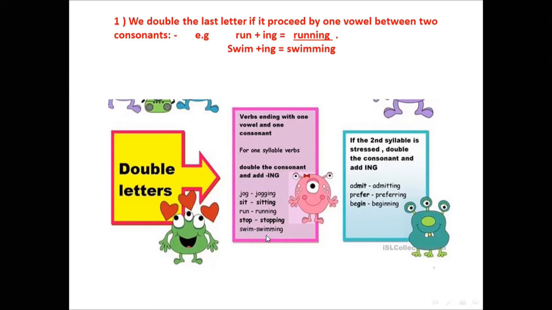Here we have a rule that we have to double the last letter when the verb contains two syllables. شو يعني two syllables؟ يعني مقطعين. إذا كان عندنا فعل مكون من مقطعين وكان عندنا ستريس على المقطع الثاني، يعني هيك مت، نلاحظ ان الشدة او الستريس على المقطع مت فيضاعف الدبل تي. If the second syllable is stressed, okay, double the consonant and add ing، نضاعف الحرف الكونسونانت ونضيف ing، okay.